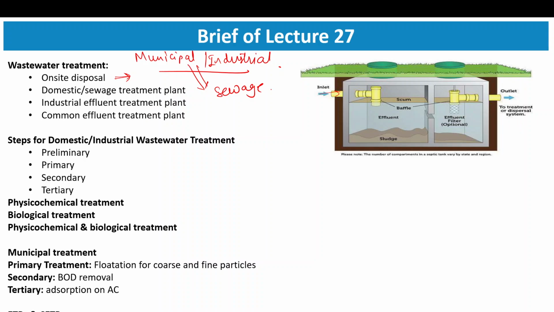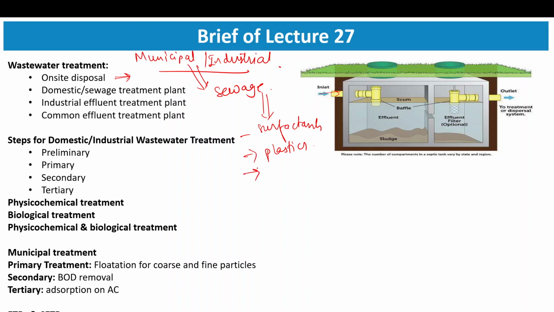Now, another, as I said, is sewage water. Sewage water mainly has, for example, surfactants, soap used for cleaning. Then you have, for example, plastics, whatever you add, even by mistake.